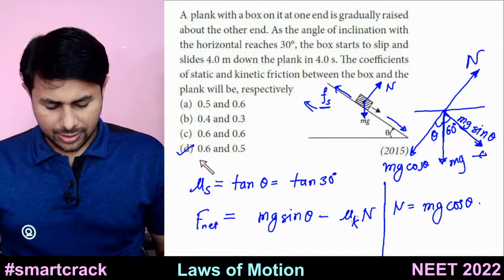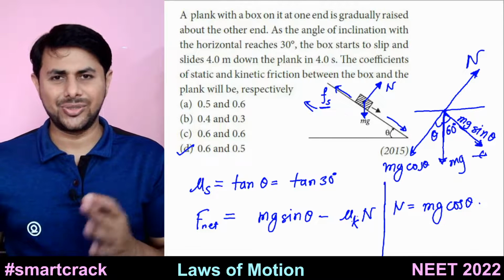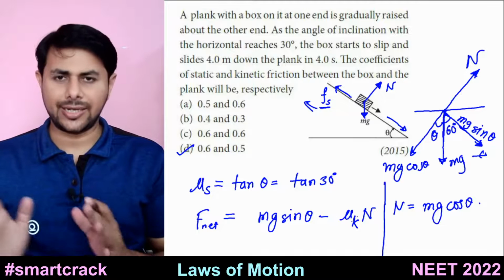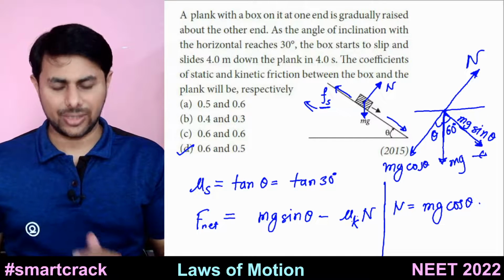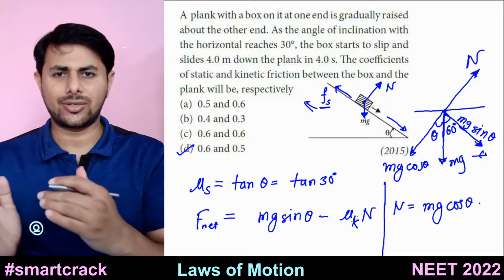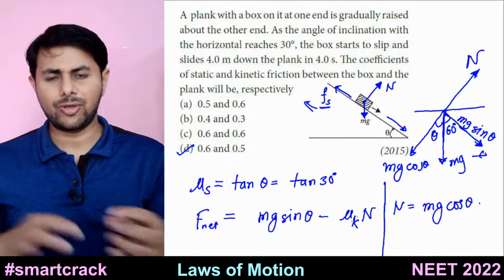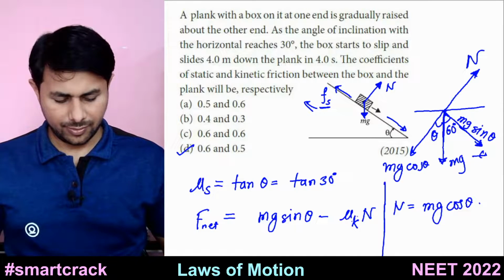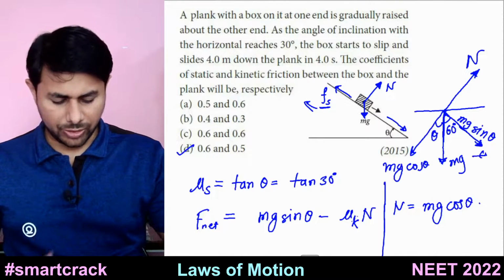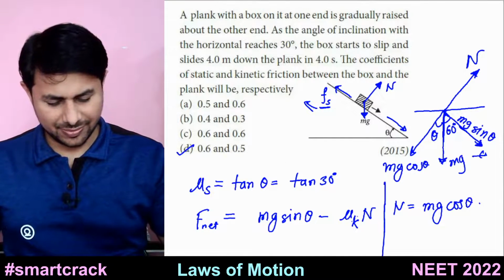So kinetic friction is less than static friction, and we got static friction close to 0.6, so lesser than that is 0.5. C can't be the answer because both cannot be same. So I was solving it, but we need not solve it, right?